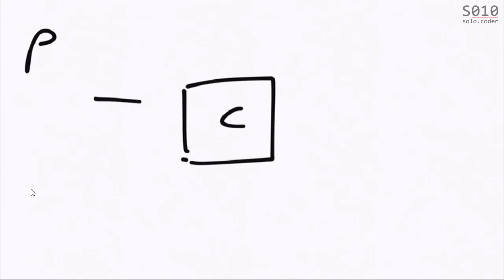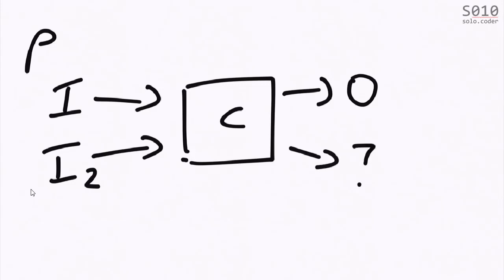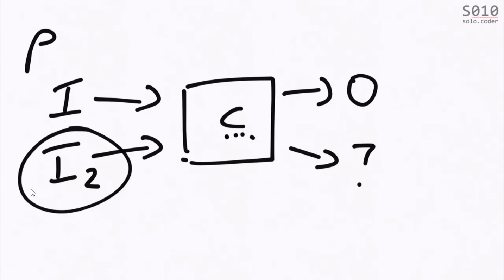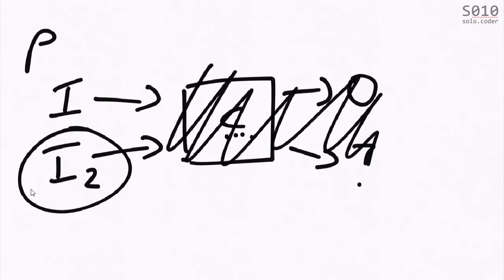Let's say we have a bunch of code, a little block of code, and we put in some kind of input. And that gives us some kind of output. It does something with the input. Now what if I put in a different kind of input, like I2 here? Is that going to put out some output? Well, no, it isn't, because the code doesn't expect that input different type. So all of this is going to fail miserably.